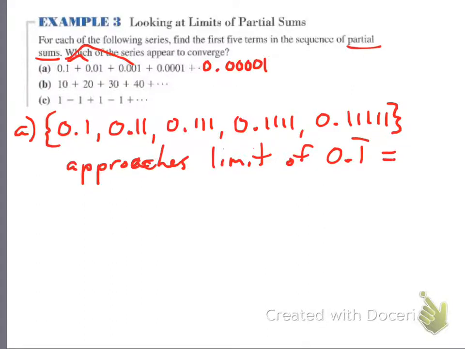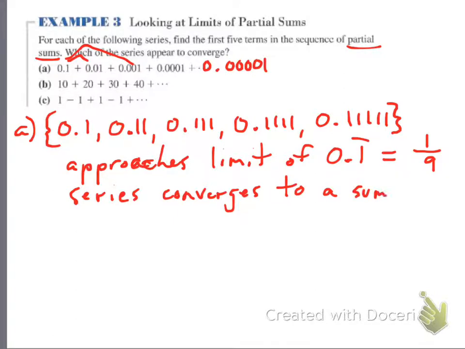Well, that fraction is 1/9. So the series converges, because remember, if the limit approaches a value, a number, that means the series converges. And it converges to a sum of 1/9. Okay?